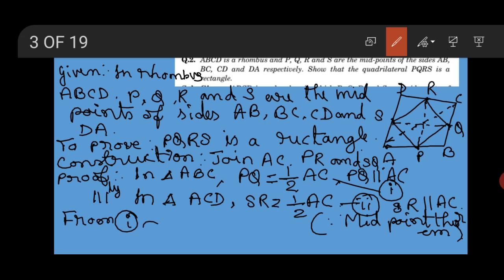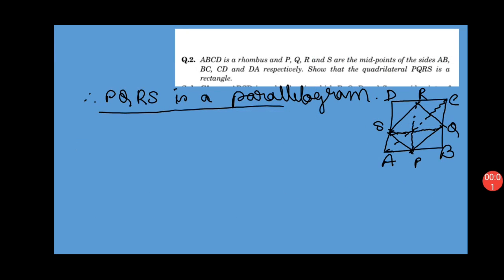now from equation number 1 and equation number 2, we can say PQ is equal to SR, and also PQ is parallel to SR. This implies what?